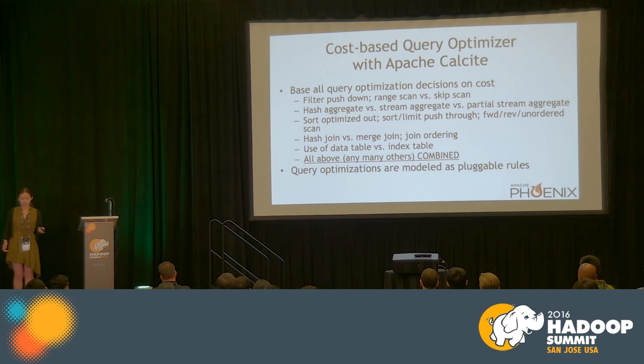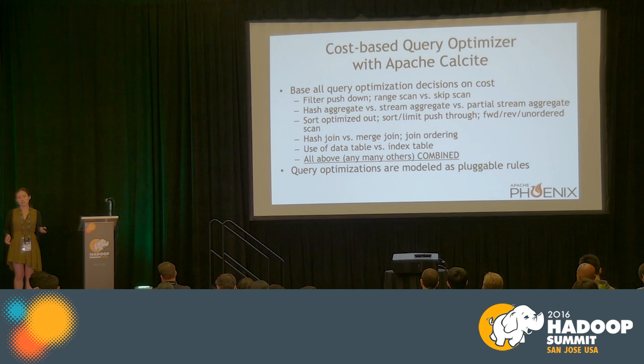But as I said, Phoenix pretty much just uses static matching strategies to make optimization decisions, which are very limited in some use cases. So what we are doing here with Calcite is turning these features and optimizations into Calcite operators and rules, so that all of these can be taken into account at the same time in this cost-based optimizer.